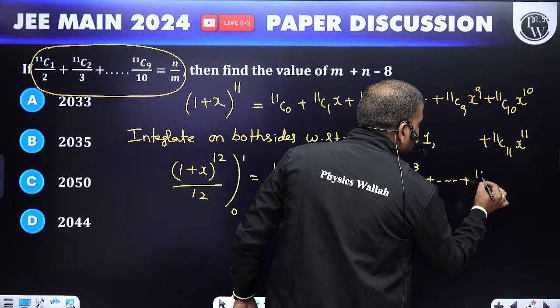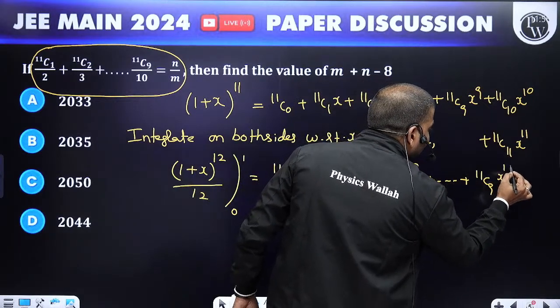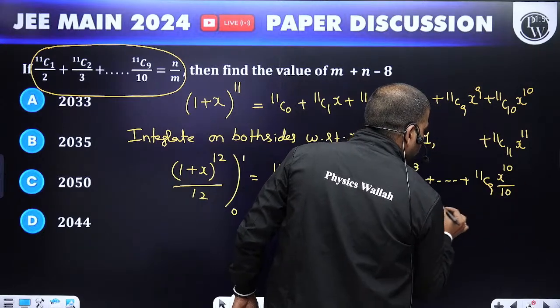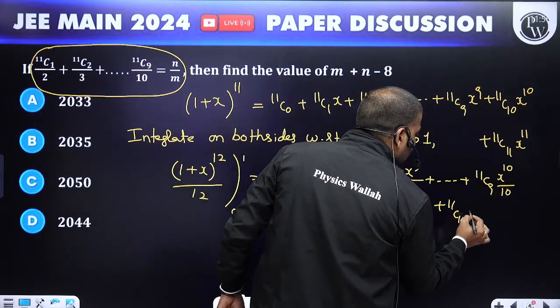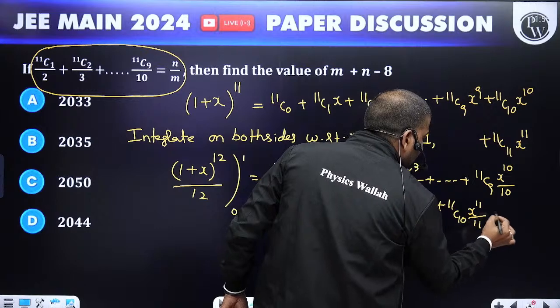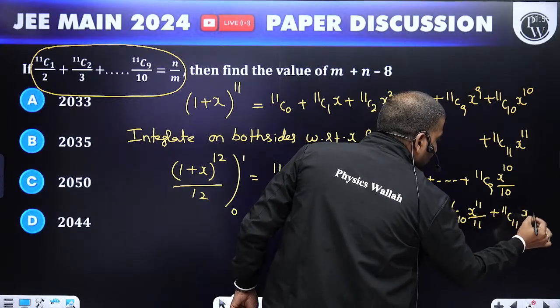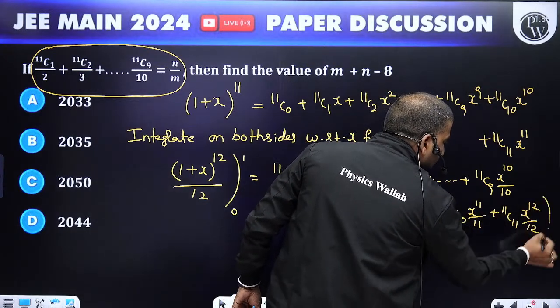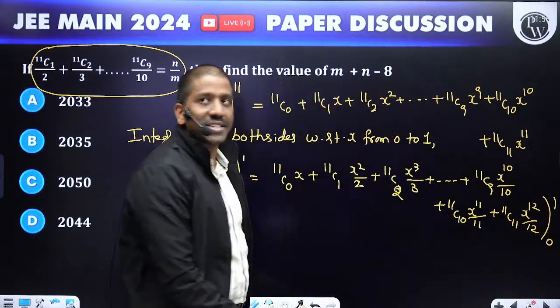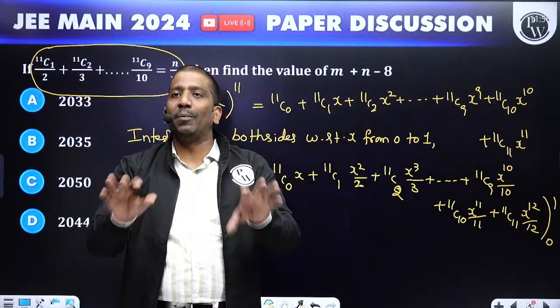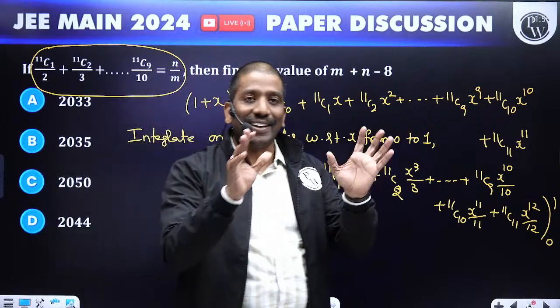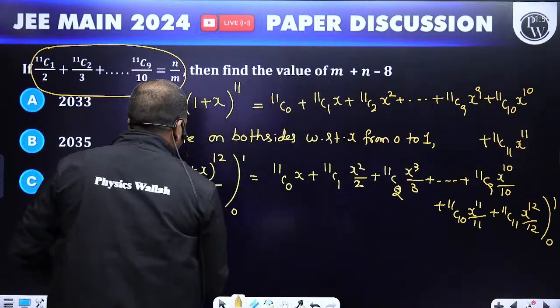The last ones, 11c9 x power 10 by 10, 11c10 x power 11 by 11, plus 11c11 x power 12 by 12, limits 0 to 1. So this is the magical step in this particular series, right? So what do you get, my dear students?